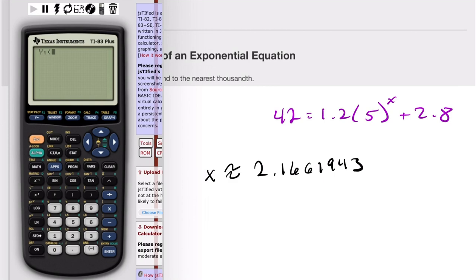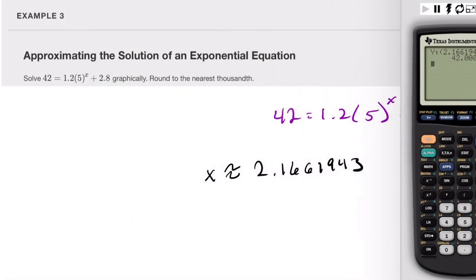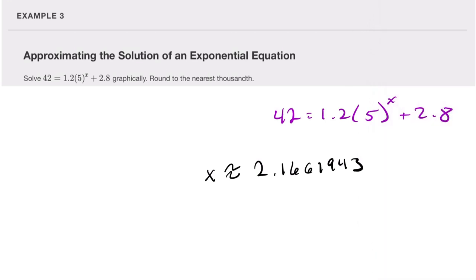When I submit that result, we should get a number really close to 42. And we essentially do. Because it's an approximation, it's a little bit off, but that's okay. We're pretty much there. Okay, so we got this result.